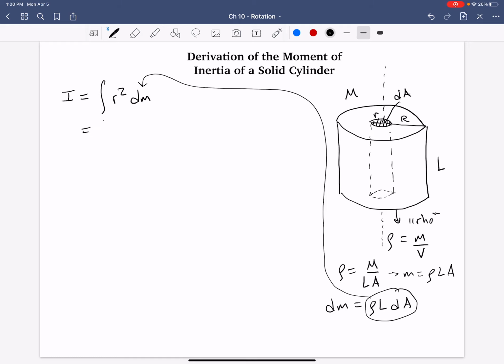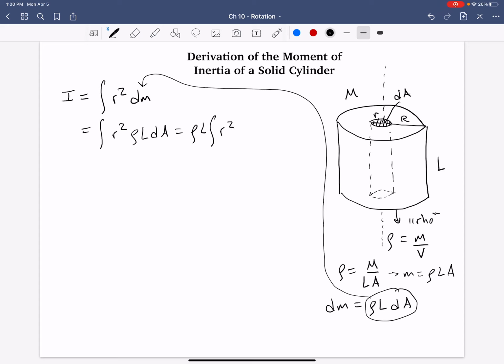So we want to take this expression and plug it in right there. This is what we get: r squared, and our dm expression is now rho L dA. Now, what is our area? I'll pull out the rho, pull out the L, leave r in the integral.